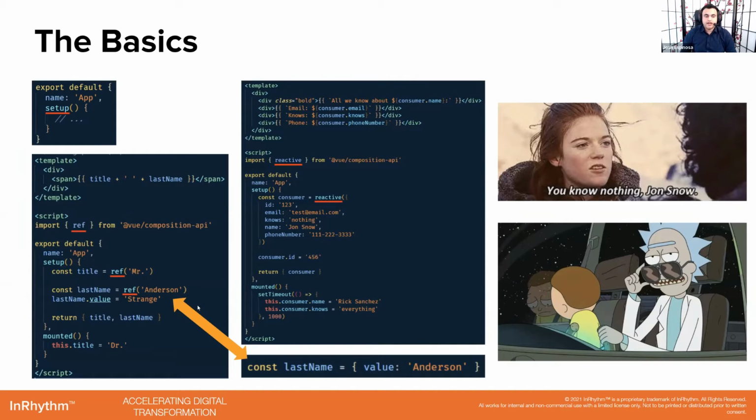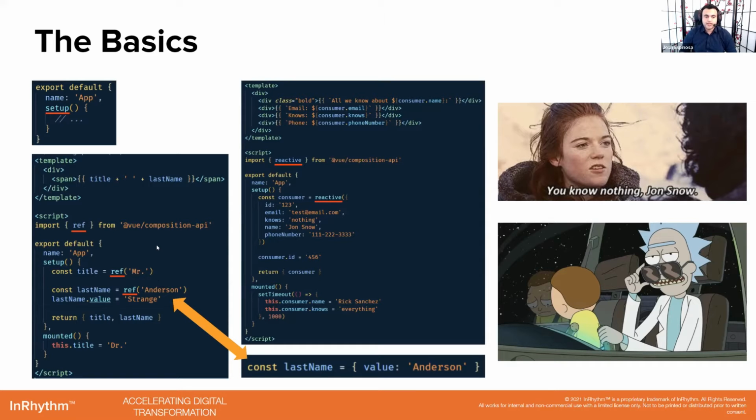So on the left here, I'm using refs, and on the right here, I'm using reactive. So these are ways to define variables. ref is normally used for primitives. You can give it an object, but if you do, it'll just use reactive behind the scenes. So ref creates a reactive reference to some inner value.